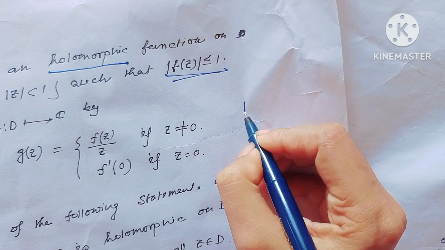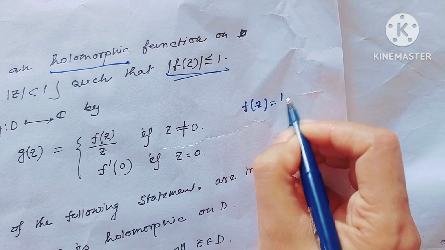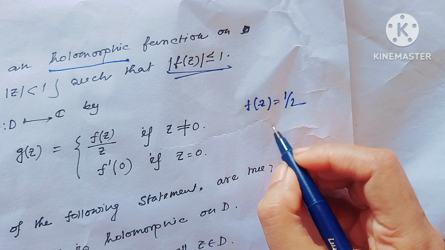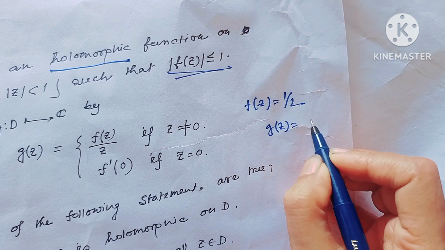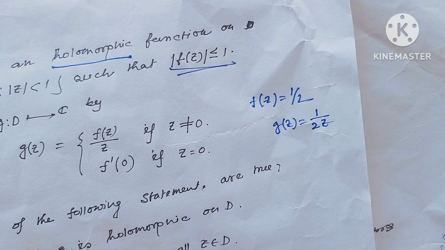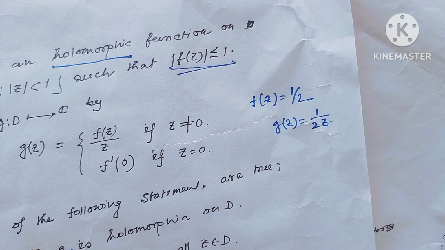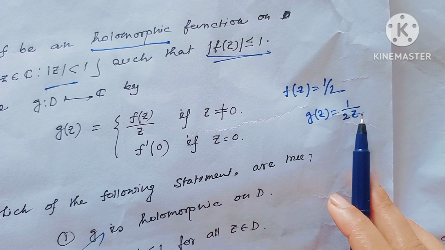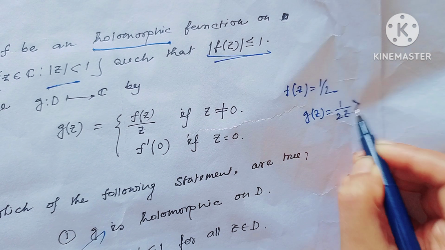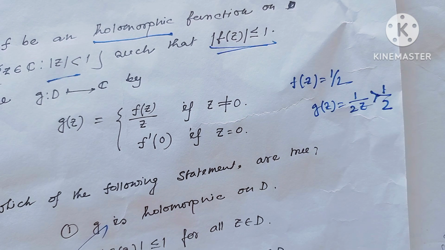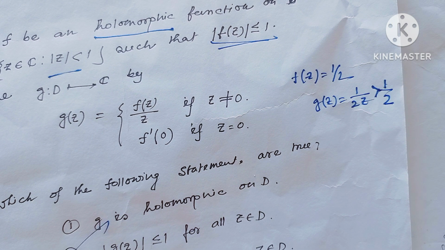If we consider f(z) equal to half, a constant function, then g(z) would be half over z, and since modulus of z is less than 1, 1 over modulus of z is greater than 1, so this value would be greater than half, which is an unbounded function.